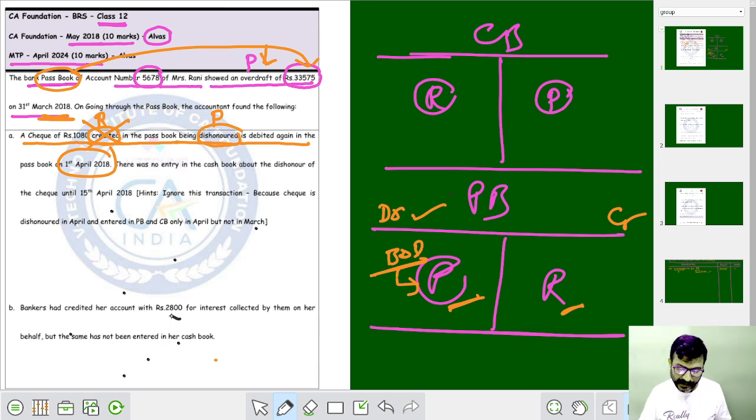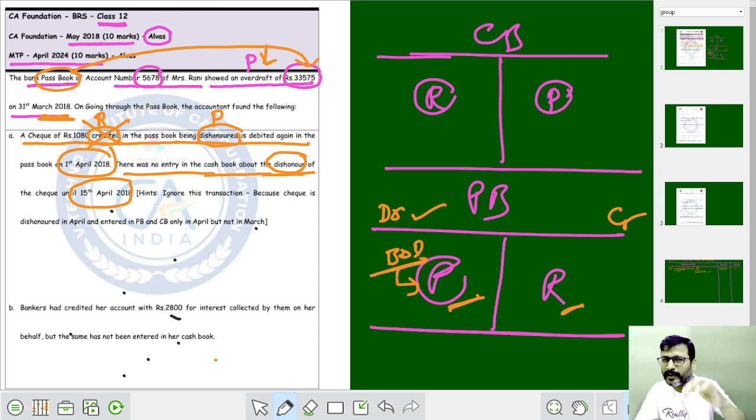Fine. There was no entry in the cash book about the dishonor. Oh, no entry was made in the cash book either. Which entry was not made? It is not the deposit entry, it is the dishonor entry, until 15th April. A very confusing point.